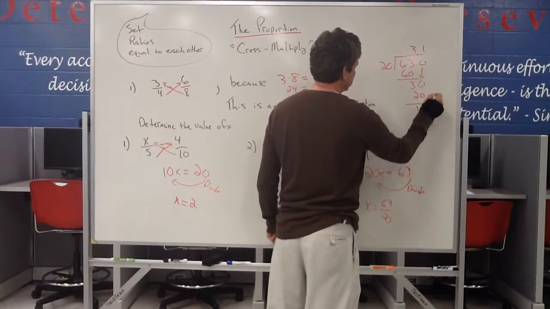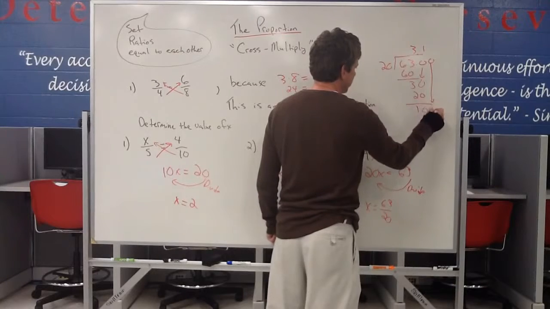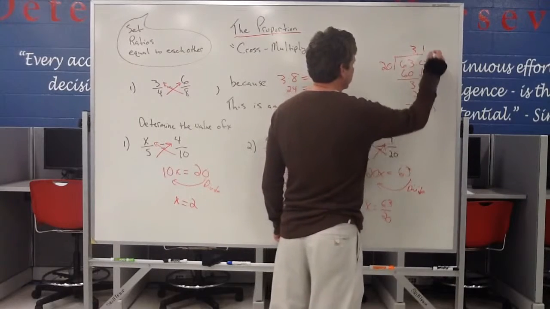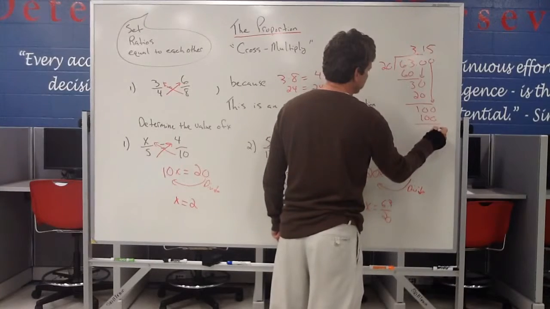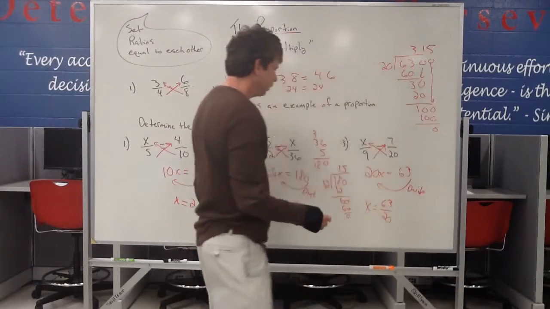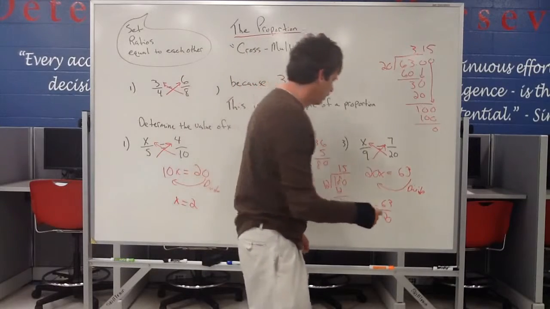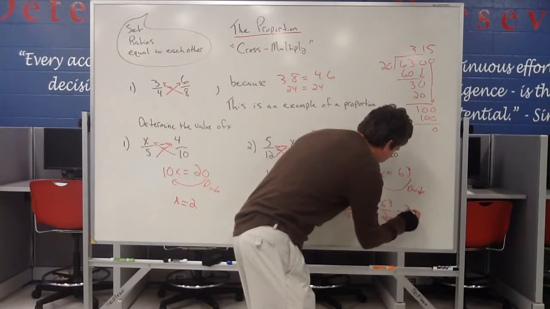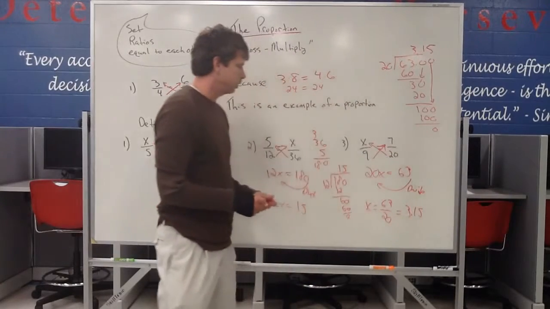My remainder is 10. I can't stop there. Add another 0. Slide that down into the problem. 20 does go into 100, looks like 5 times. 5 times 20 is 100. So it does play out as remainder 0. So that's why that was so crazy, the answer was not a whole number. The answer was actually a decimal number. So the answer would actually turn into 3.15 if I was using decimal notation.